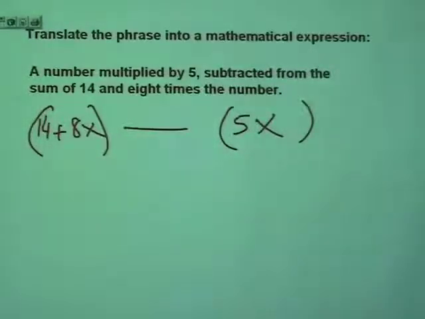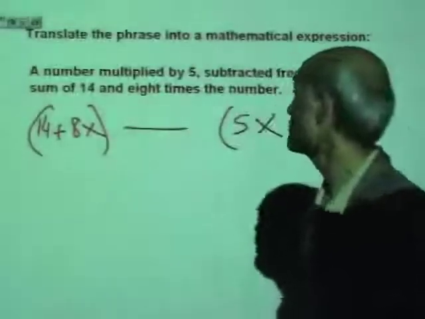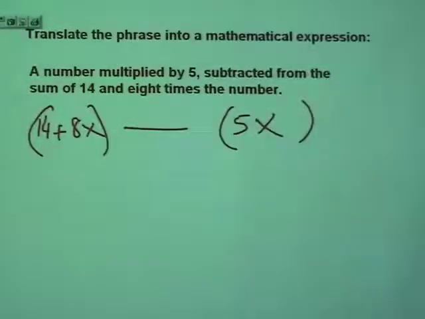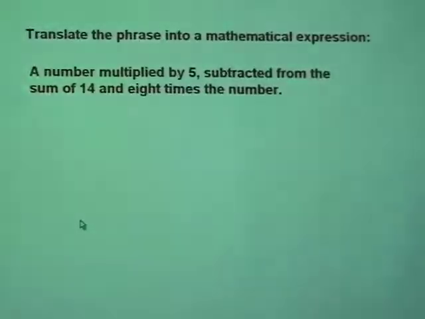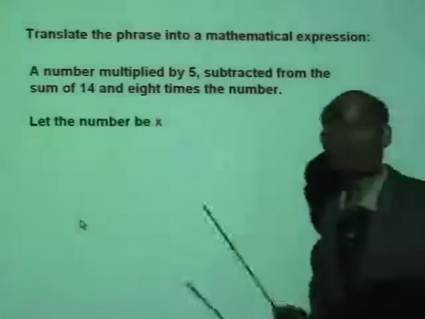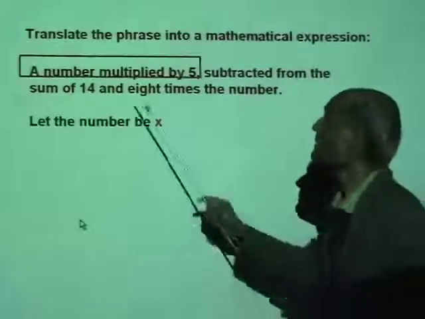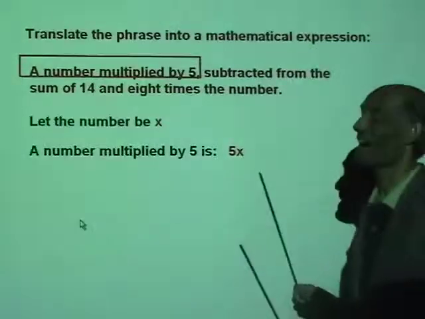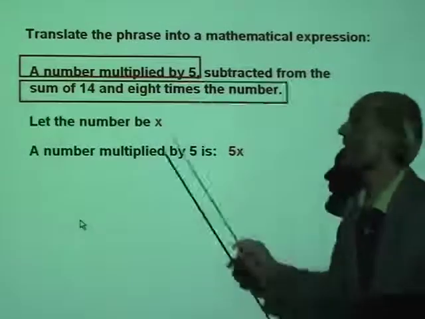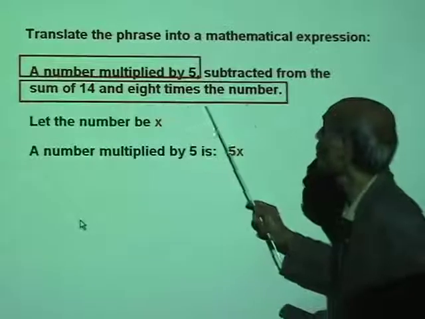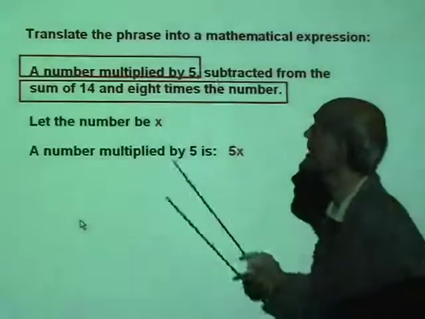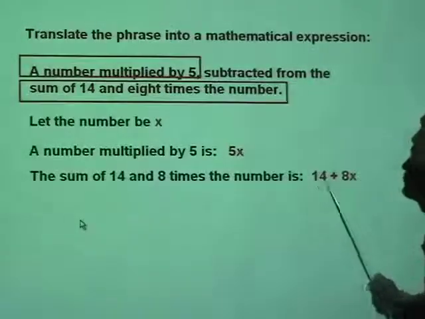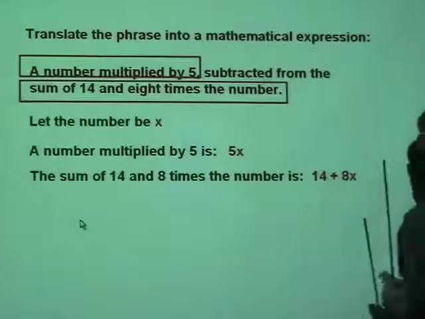Well, let's go and pull out my steps there. Okay, and that is, let the number be x. A number multiplied by 5 is 5x. And sum of 14 and 8 times the number is 14 plus 8x.